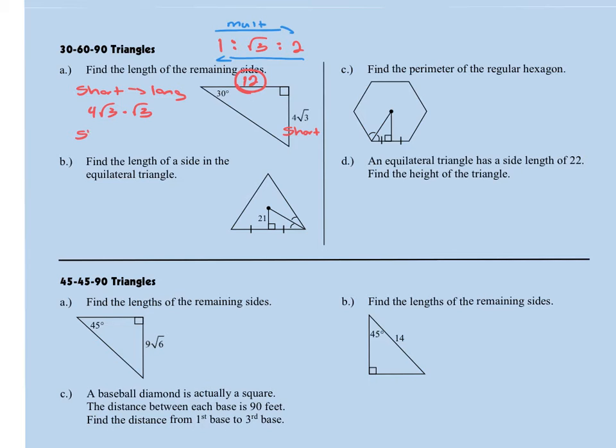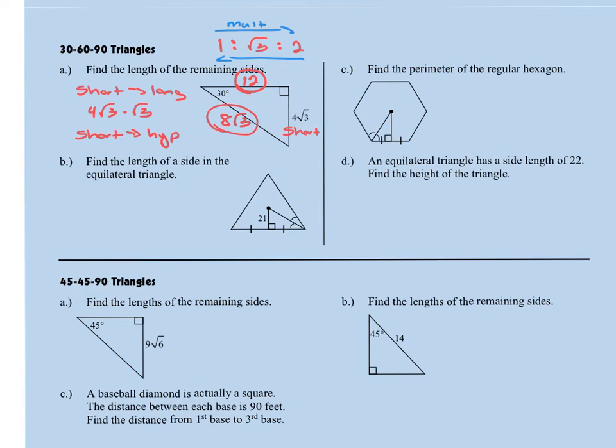If I want to go from the short to the hypotenuse, again, I'm starting here on the short. This is going to be my hypotenuse. When I look at my extended ratio, I'm going to start here, but now I want to go all the way to the 2. So I just multiply by 2. So this is going to be an 8 radical 3.